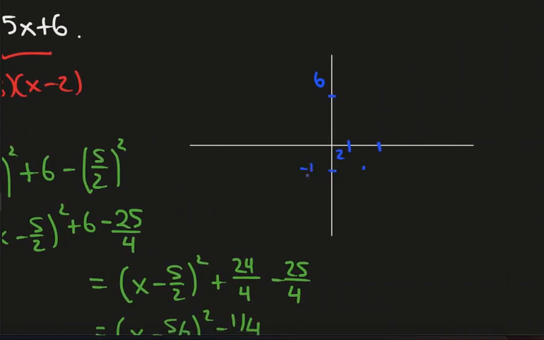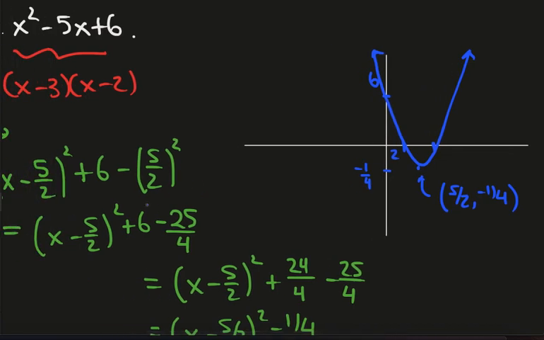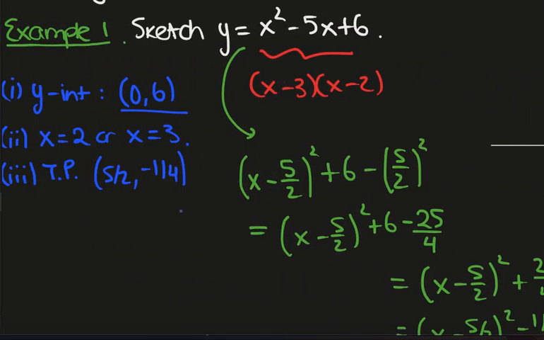So this has a y value of minus 1 on 4 and an x value of 5 on 2. Now we just need to connect these points, and that's the graph of this parabola, of this quadratic.